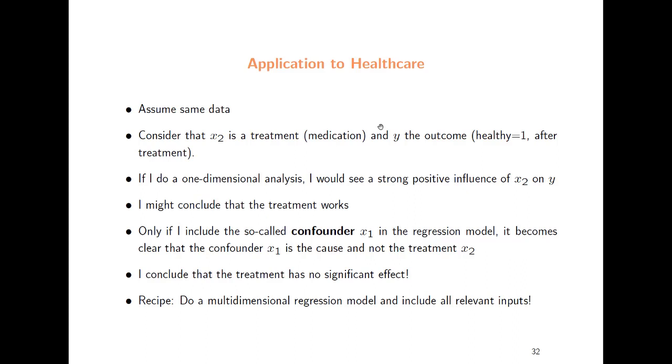As a general rule, if you're looking at data which was not produced in a clinical study, but just by observing what doctors are doing, anything the doctor considers in making the decision on the patient, so giving the medication or not giving the medication, should be included in your model. So that's a general rule.